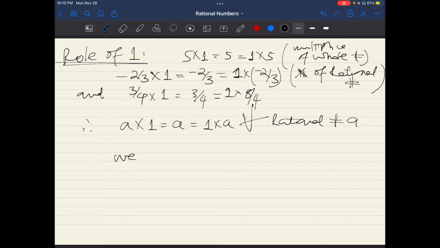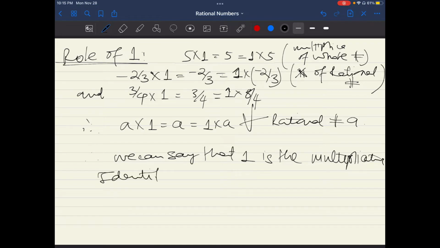Therefore, we can say that 1 is the multiplicative identity for rational numbers.